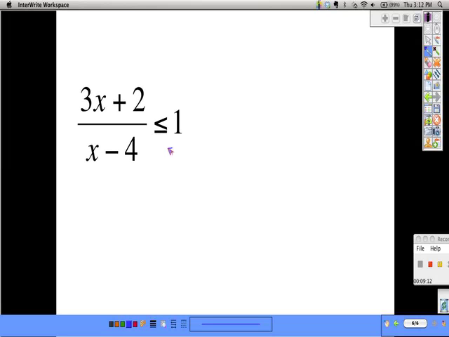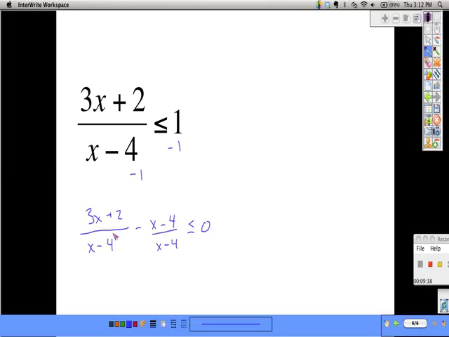I'm going to subtract 1 from both sides. I get (3x plus 2) over (x minus 4) minus 1, and I'm going to go ahead and get a common denominator right now. And I now have this being less than or equal to 0.